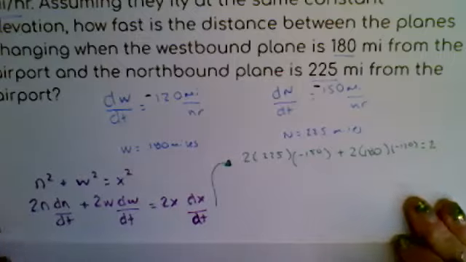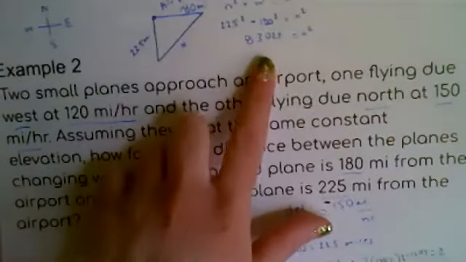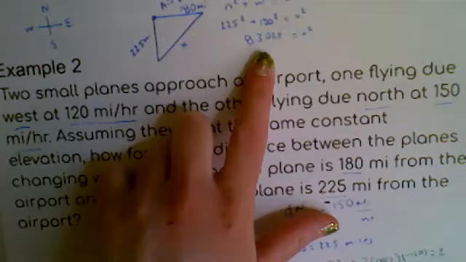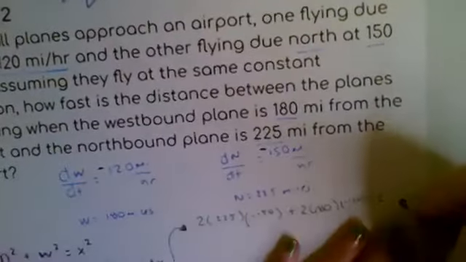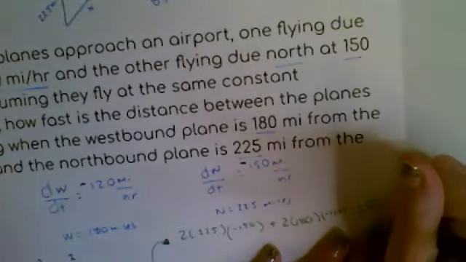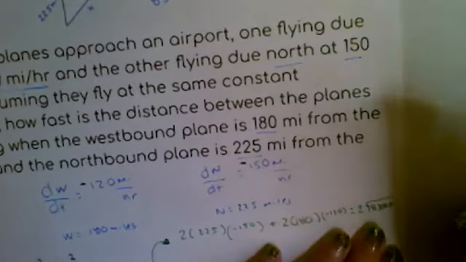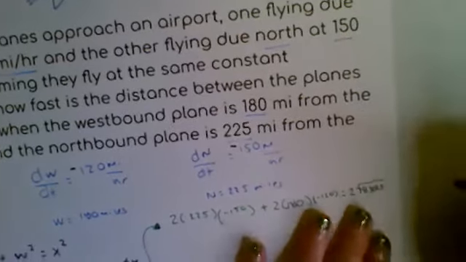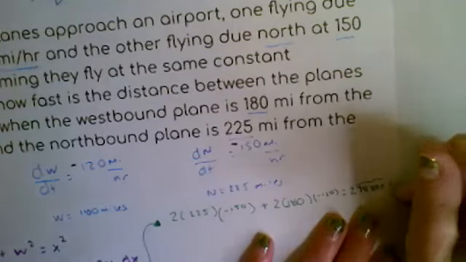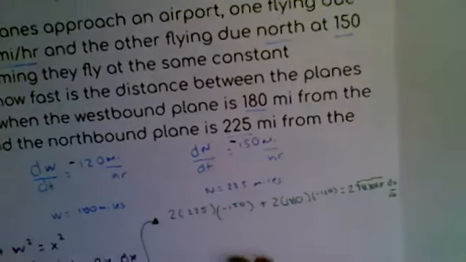Okay, so x squared was 83,025. So if I just want x, because that was x squared, I'm going to do the square root of 83,025, times dx/dt. Okay, so now we just need to solve that.